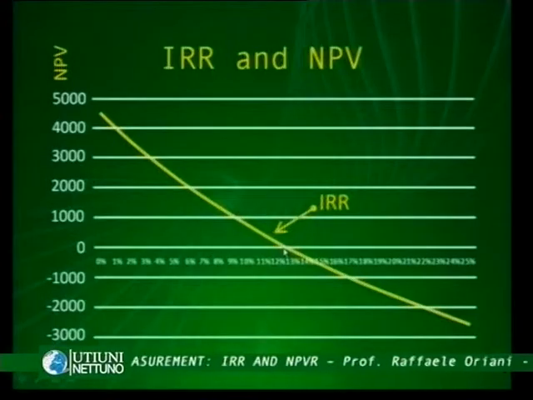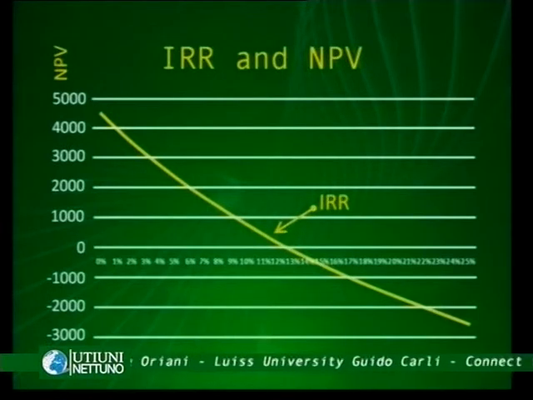In the previous formula, we said that the IRR was the discount rate that made the NPV equal to 0. So from a graphical point of view, this means that the IRR is the point where the NPV intersects the x-axis. This graphical definition is just a consequence of the analytical definition that we gave in the previous slide.